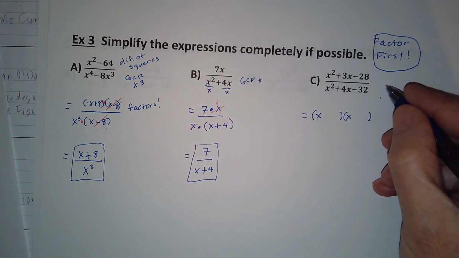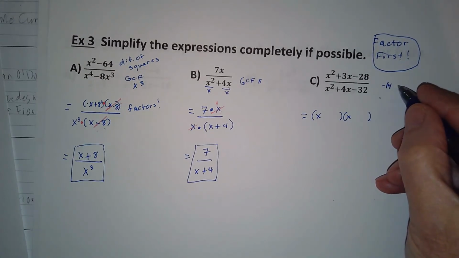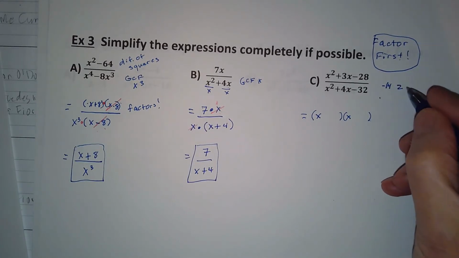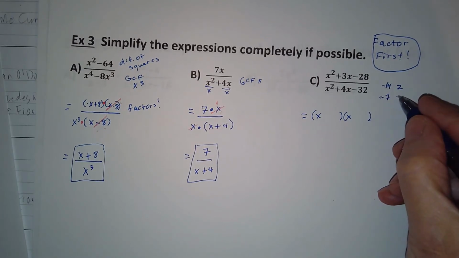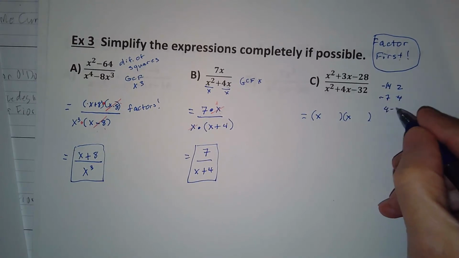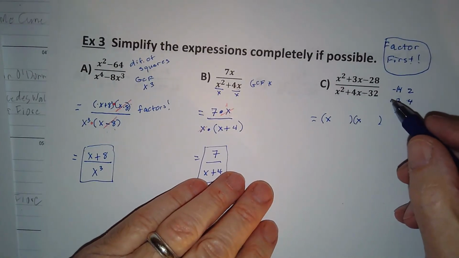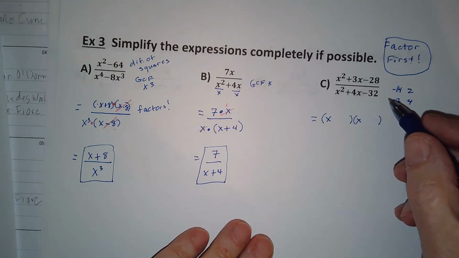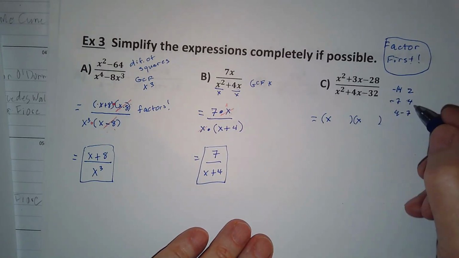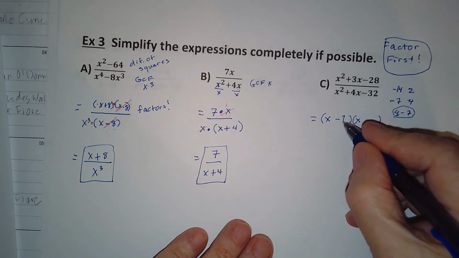Let's see, I've got negative 14 and 2, negative 7 and 4. So negative 7 and positive 4.